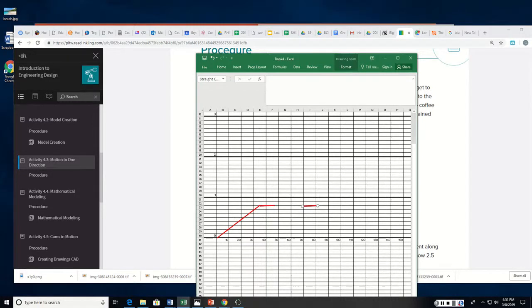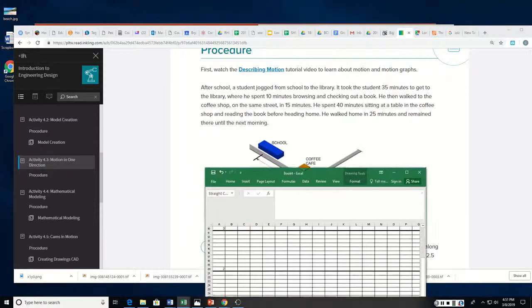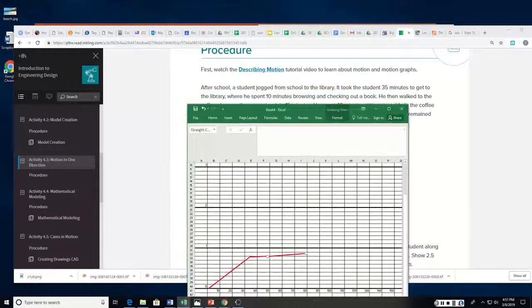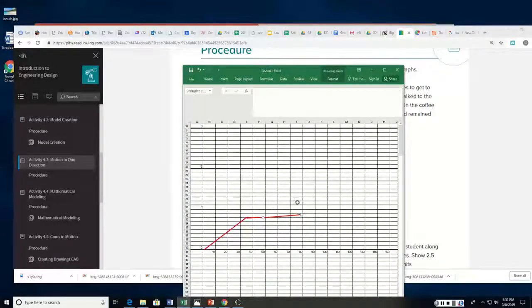So I'm going to put this here, and this is going to go up to 1.7 miles in 10 minutes. So up to 1.7 miles, which would be right there. And our 10 minutes is between here and here, which is 45 to 50.